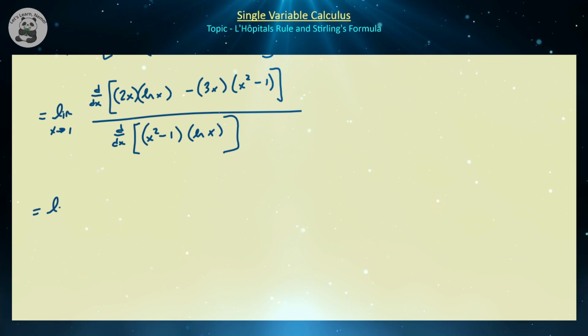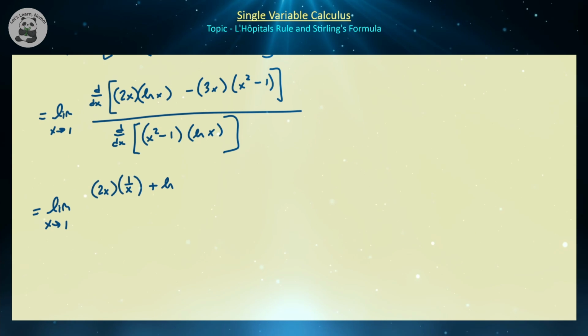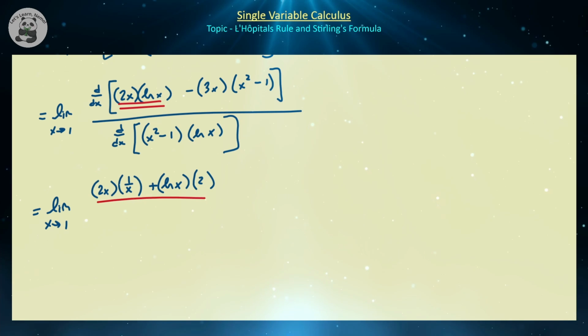So that's going to come out to the limit as x approaches 1 of, so let's do the first times the derivative of the second plus the second times the derivative of the first. So that's that first term. And then let's focus on the next term. So minus, so it's the first times the derivative of the second.